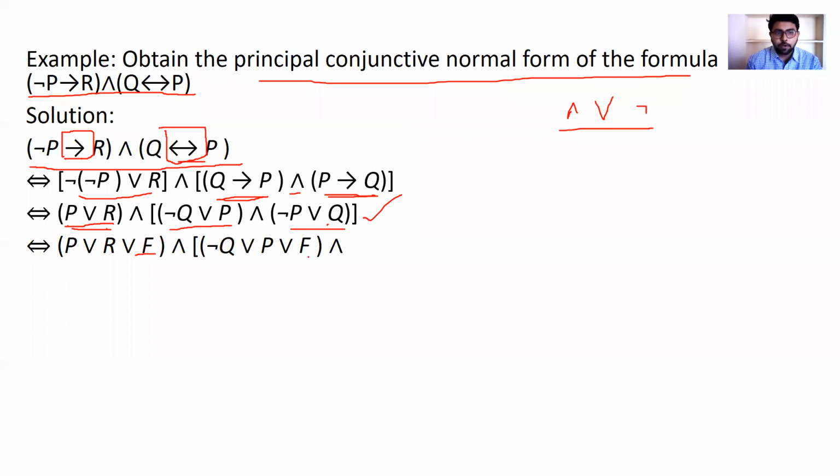Next, in the place of R, I am going to write false. In the place of the missing Q, I am going to write false.